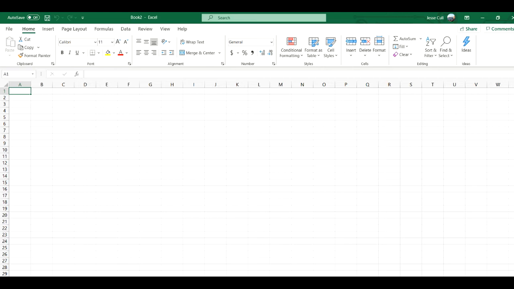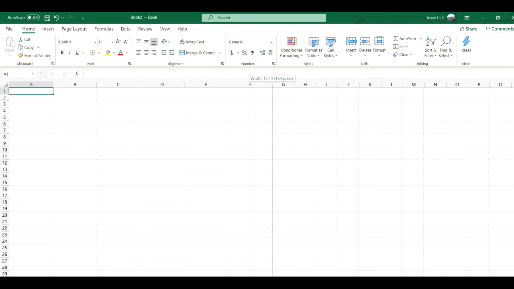So let's begin. First thing, as always, we're going to expand our columns. Okay, in this section, we're going to title it the Valley Wine Example.